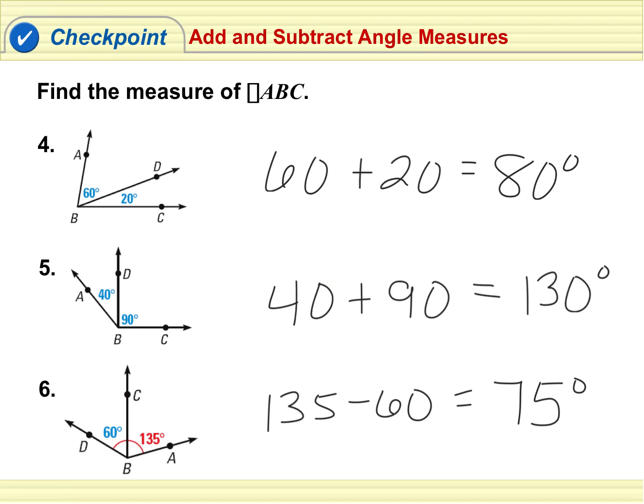Any questions over angles? In order for an angle to be acute, how do you know it's acute? Less than 90 degrees. What if it's obtuse? Larger. What if it's a right angle? It is 90. What if it's a straight angle? It is 180 degrees. Nice job.